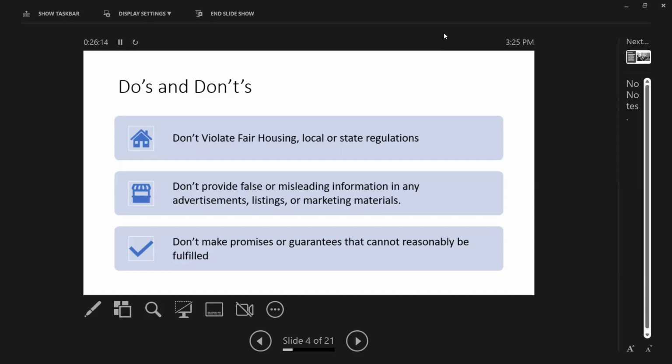Orange County just passed a rent ordinance. I'm not talking about yesterday's election. That's a different story, but they passed several pieces of legislation over the summer aimed at trying to temper some of these rate hikes. So please make sure that you're not violating any of those local regulations.